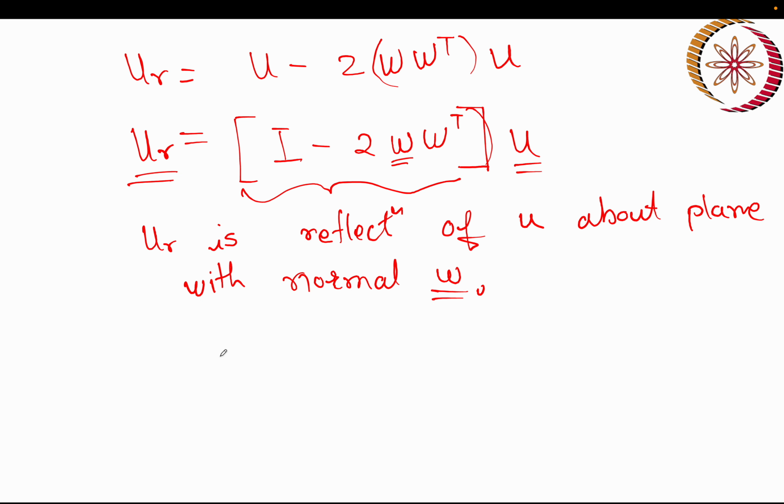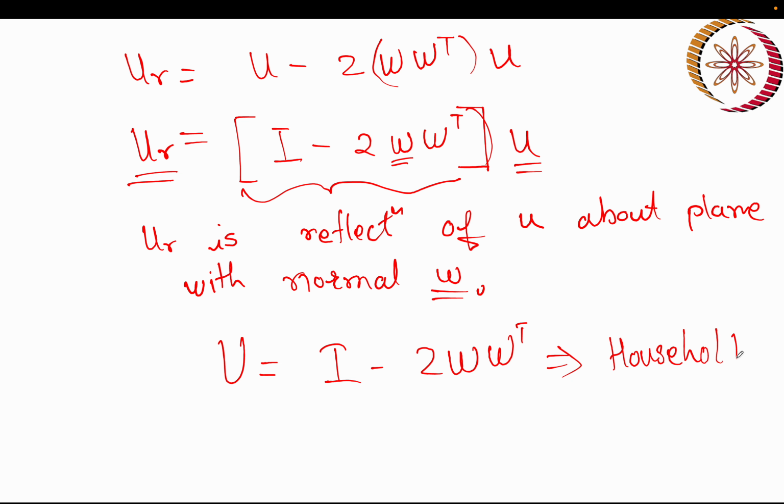Let's say this matrix is capital U, which is I minus 2 W W transpose, and this is known as the Householder matrix.